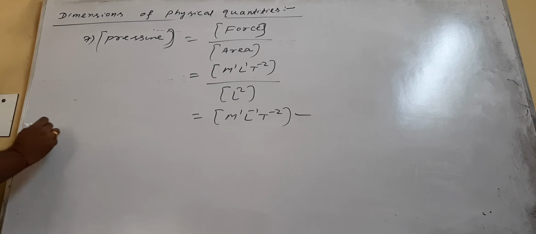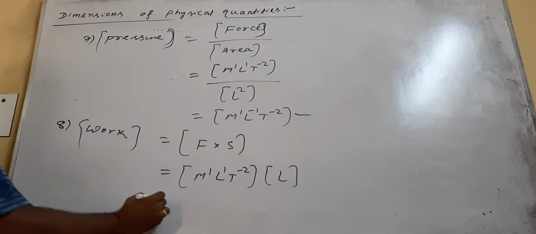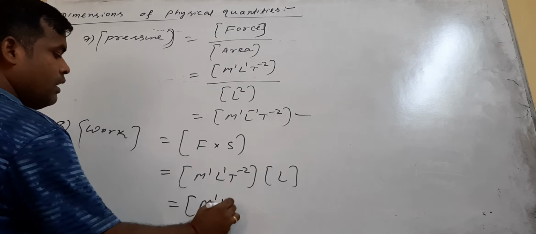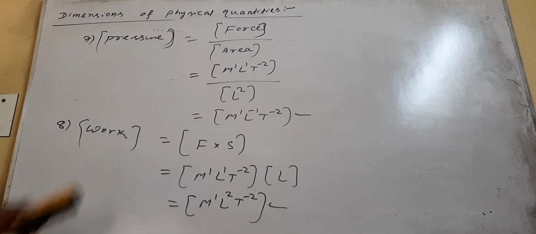Now come to the work dimension, that is force dimension into displacement dimension. Force is M1 L1 T minus 2, displacement is L1, so it is M1 L2 T minus 2. It is the dimensional formula of work, and the dimensions are 1, 2, minus 2 in terms of mass, length and time respectively.